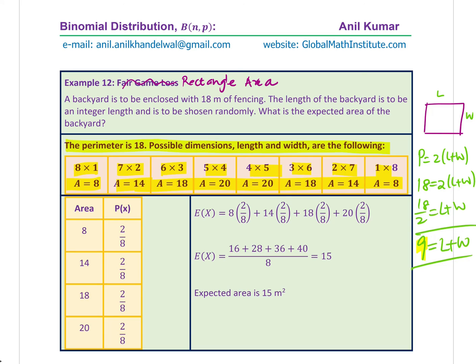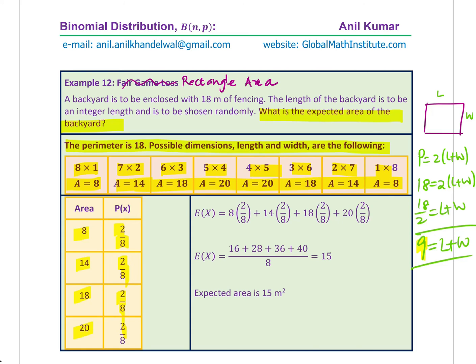And the question is, what is the expected area of the backyard? Correct? So we'll see what numbers are randomly chosen, what is their probability. We know the area. So the areas to work with are 8, 14, 18, and 20. For 8, we know each value occurs 2 times. So 2 out of 8 is the probability of each. You could even write 1 out of 4.